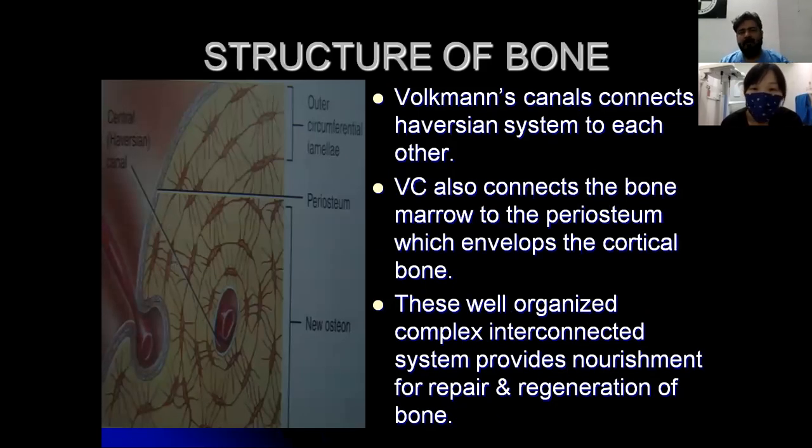Then there are Volkmann canals that connect the Haversian systems to each other. Volkmann canals also connect to the bone marrow and periosteum which envelops the cortical bone. This well-organized, complex, interconnected system provides nourishment for repair and regeneration of the bone.